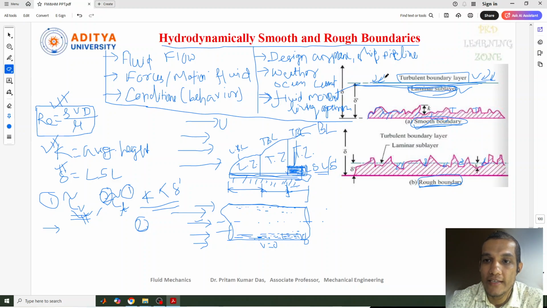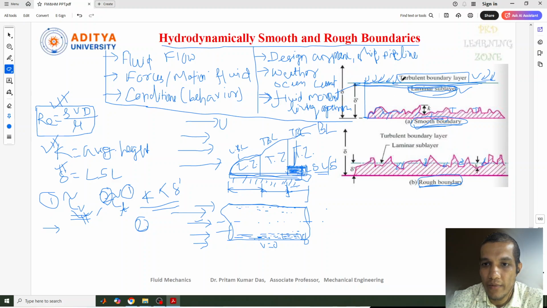The eddies will be present in the turbulent condition, not in the laminar condition, keep in mind. The eddies try to penetrate the laminar boundary layer, this one. So the eddies will work to disturb this sublayer.